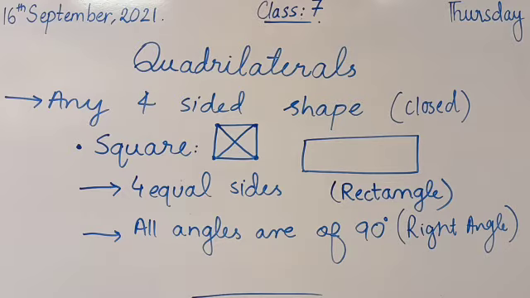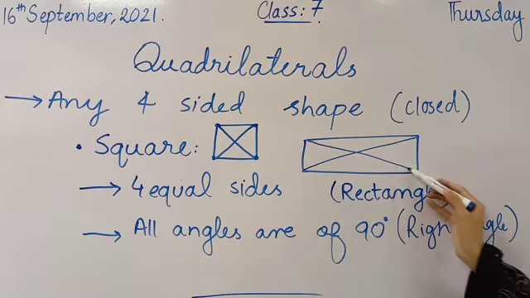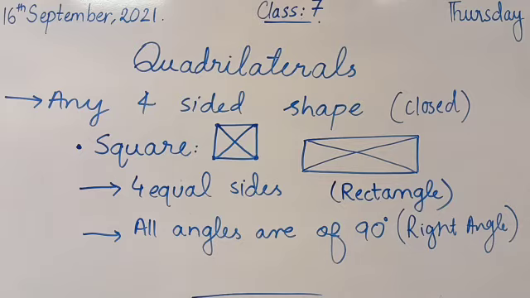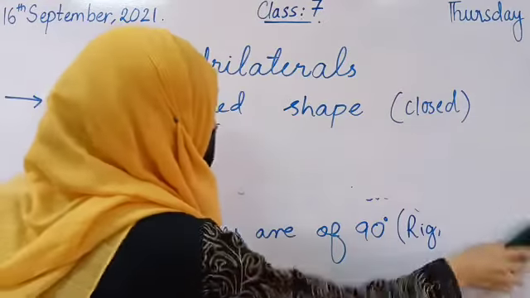Yes, what about its diagonals? It has two diagonals. One is this and the other is this. Are they equal in length? Yes, of course. And do they bisect each other? Good, yes, because they cut each other at the middle point.